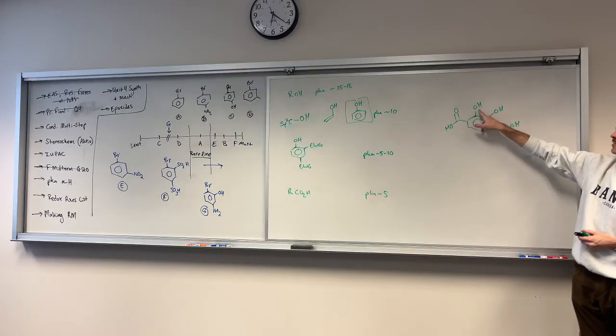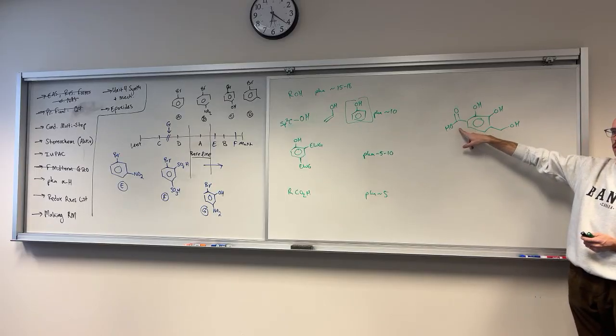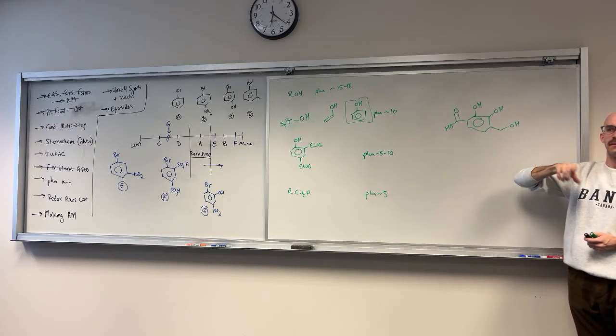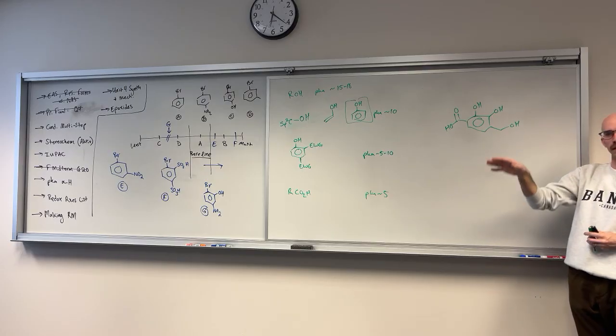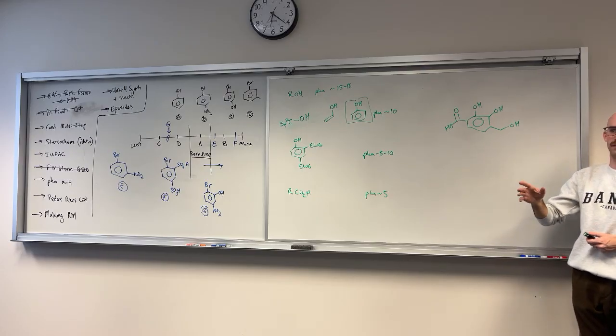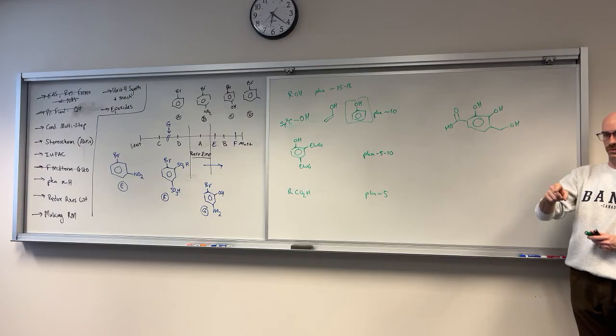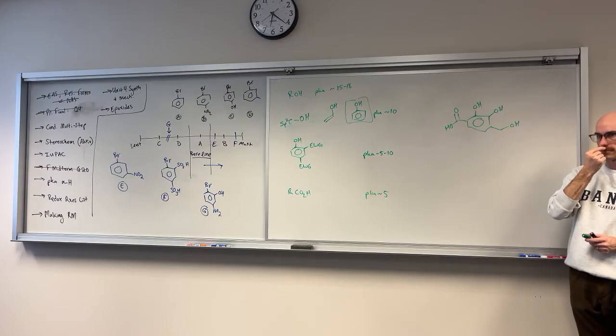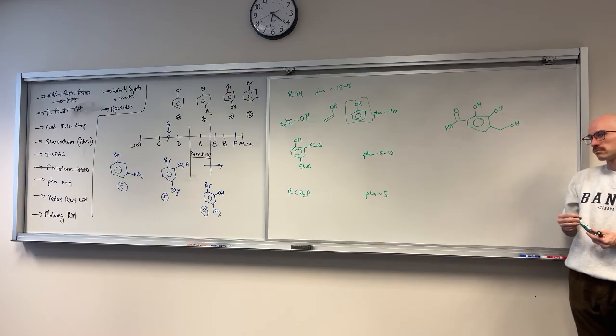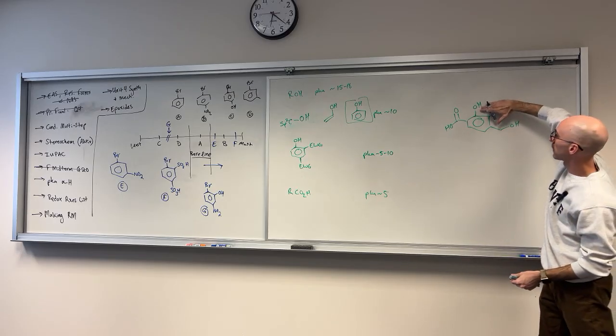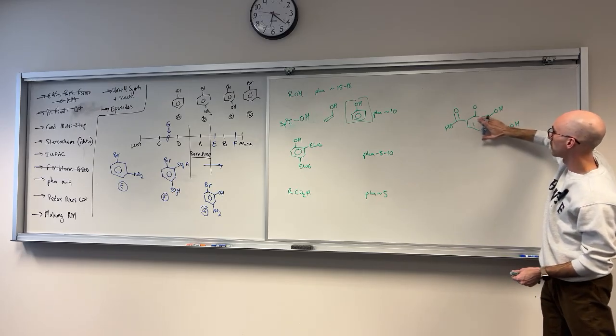So saying like its position close to two oxygens, inductive effect. The inductive effect here will not be nearly as strong as the resonance effect. So let's take off the hydrogen.